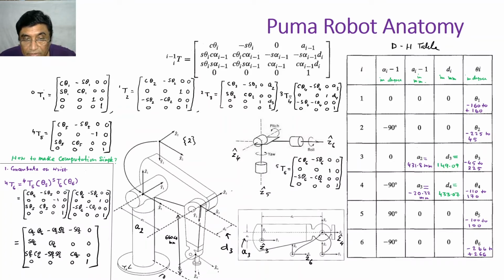the distance between the common normal, z3 and z4. This is z3 and z4. Okay, so this is the d4.